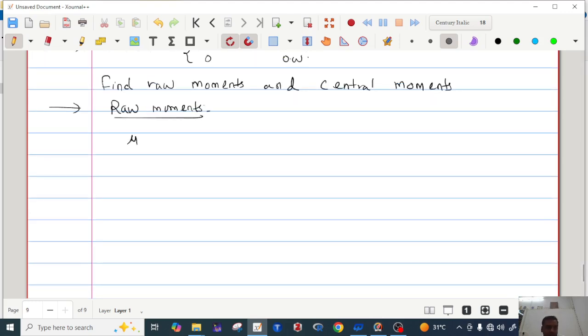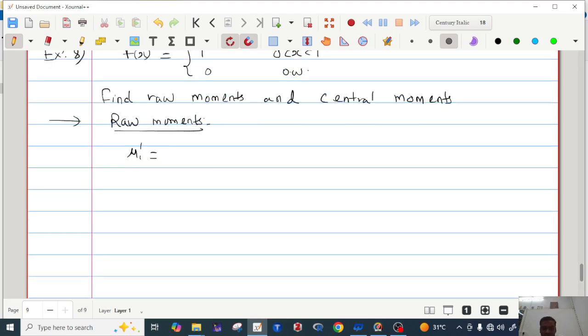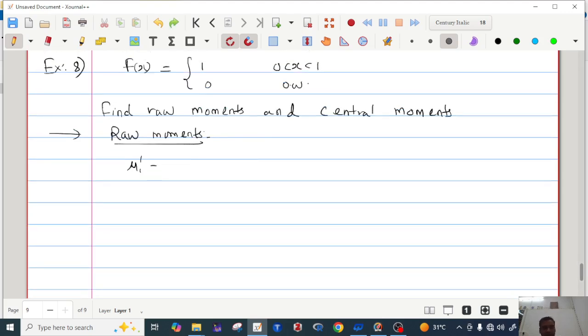Mu r dash is equal to expectation of x raised to r.